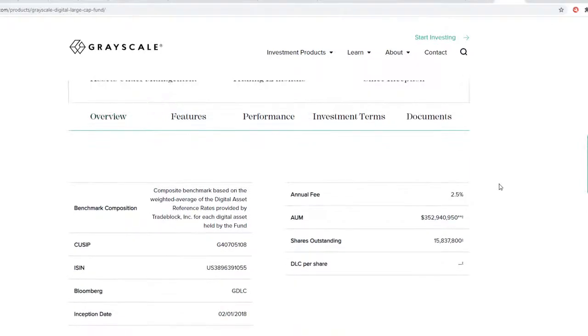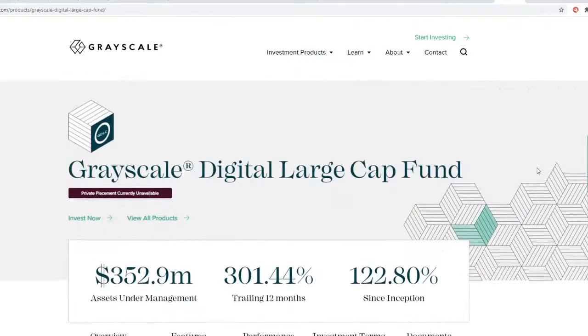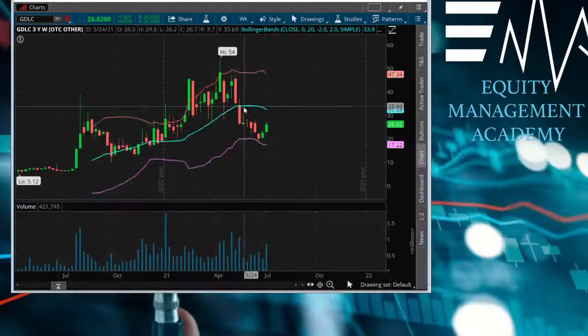But again, this is a highly volatile digital asset fund, and you've got to be prepared to withstand that kind of volatility. It's an aggressive performance, aggressive volatility fund, and trading in virtual currencies essentially is a different level of volatility that we need to address.